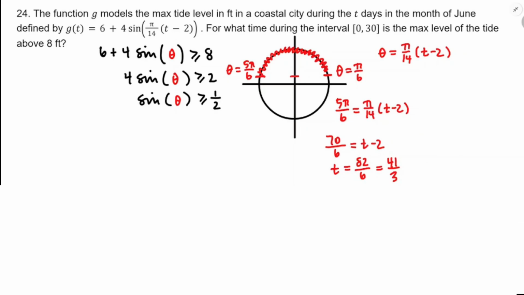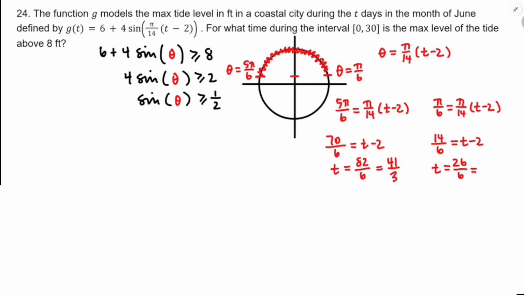And then I'll do the other one. That's probably going to be the upper bound because I did 5 pi over 6 first. But pi over 6 equals pi divided by 14 times t minus 2. Multiply both sides by 14, divide by pi. That'll be 14 over 6 equals t minus 2. I'm going to add 12 over 6 to both sides, and that would be 26 over 6.